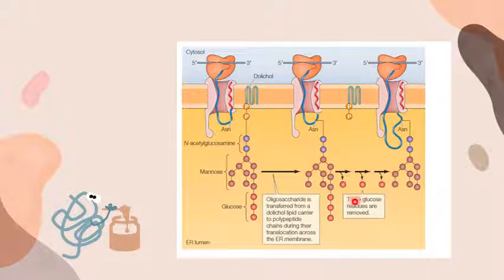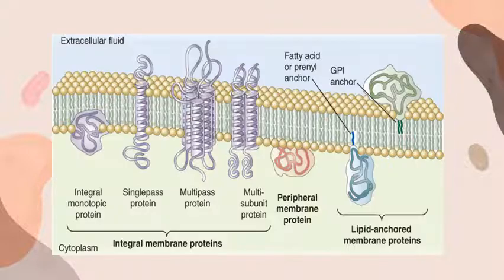And then it will lose these three glucose residues. Finally, this will be the modification of the protein. So this is how it's modified within the ER.